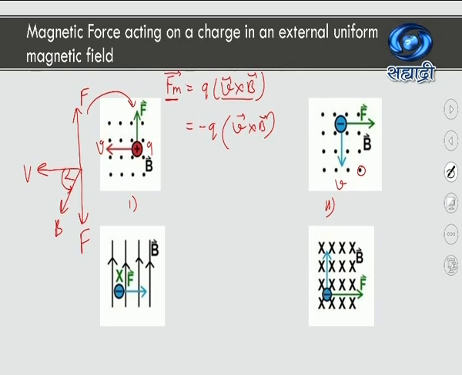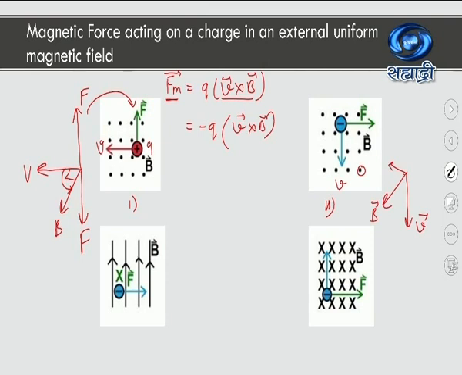So here I have got velocity downward, magnetic field outside in this manner, B is outside, right? So V cross B, if I have right hand rule, then don't you think force should be this side if this is positive charge?